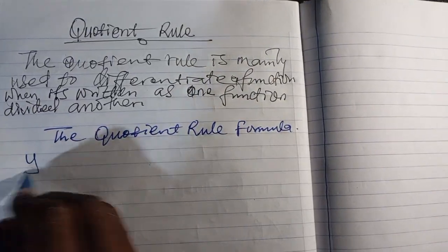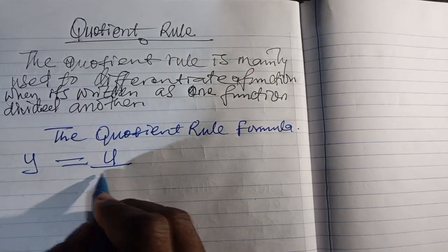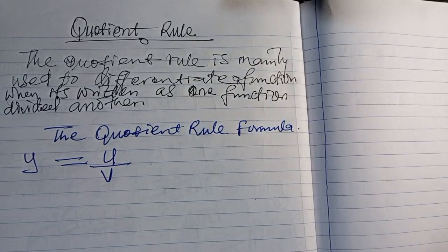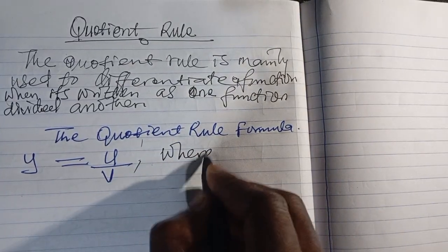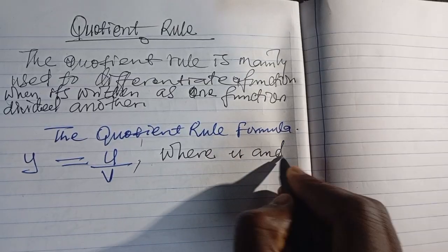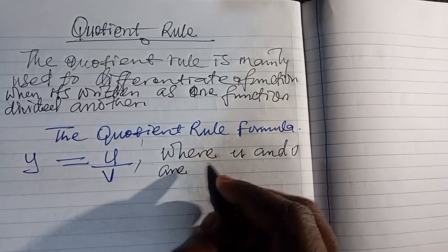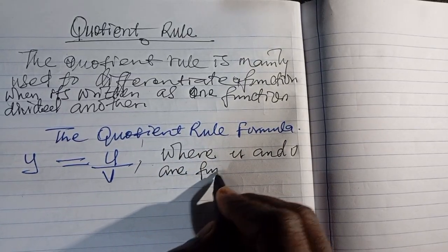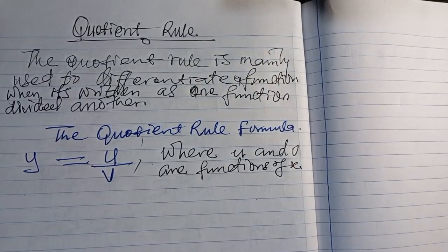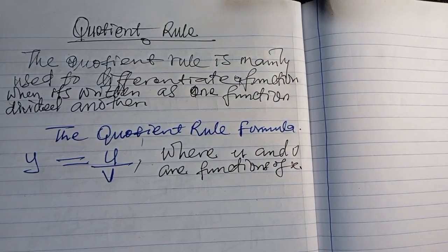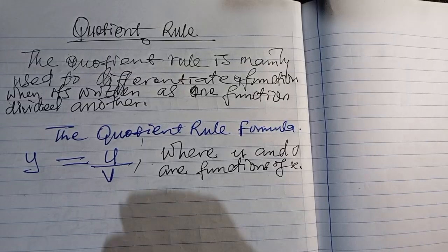When you have y equals u over v, where u and v are all functions of x. Good. Now, see the simple thing you're going to do. Very simple.